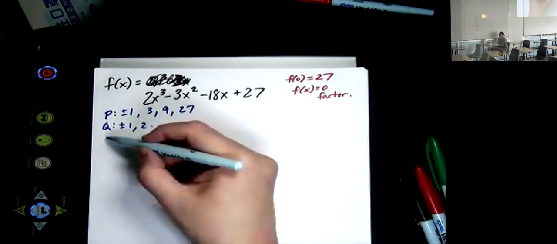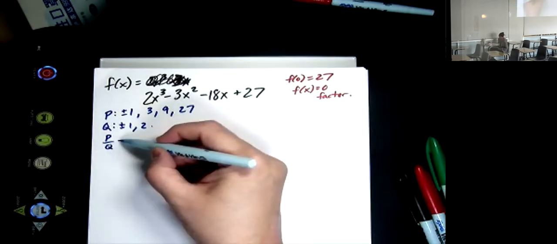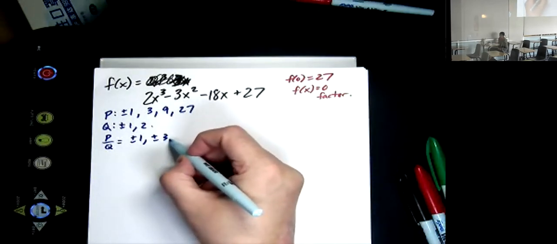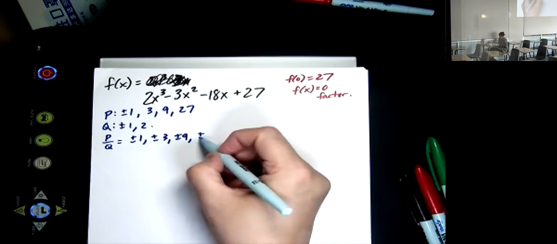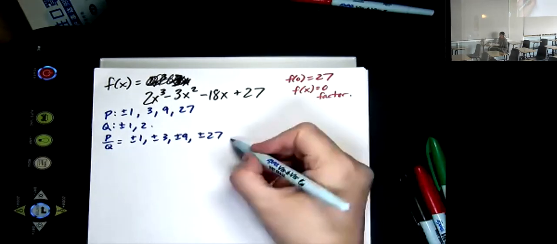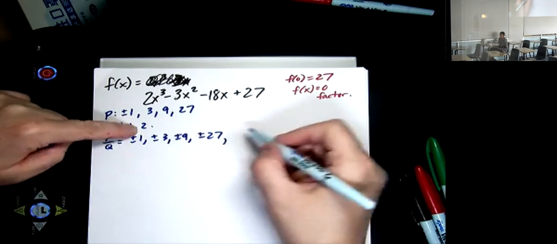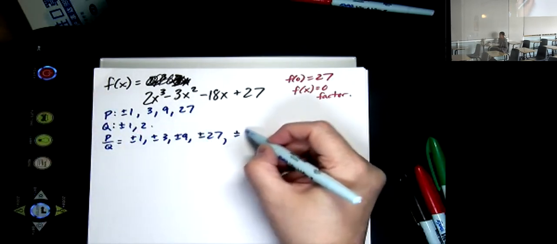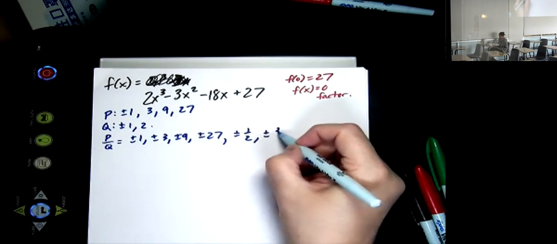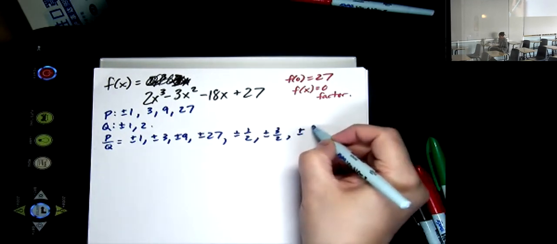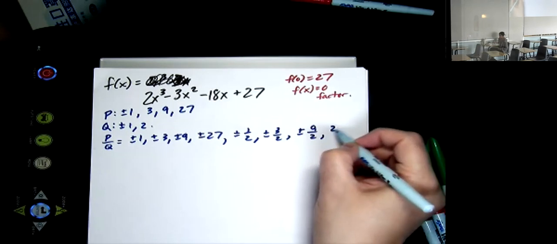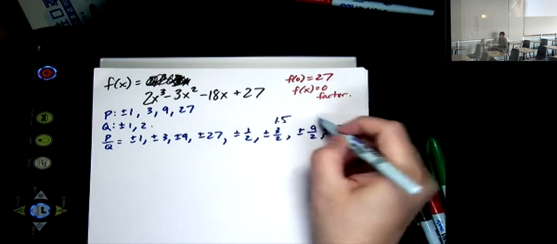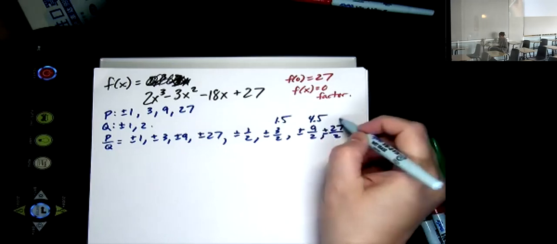So if we want our possible P divided by Q factors, well, it could be all the whole numbers. And then we could do it over 2 as well. And none of these numbers are even, so they're all just going to become that number over 2. This is 1.5. This is 4.5. This is 13.5.